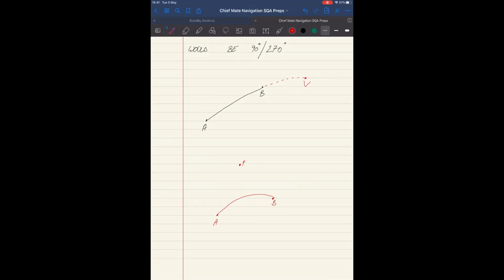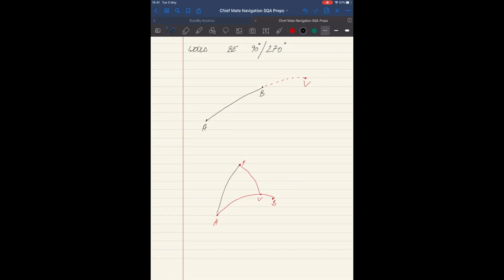In this case, if we see, this is somewhere the point where our course would be actually 090. So our vertex has to lie somewhere here. This is the longitude of vertex.